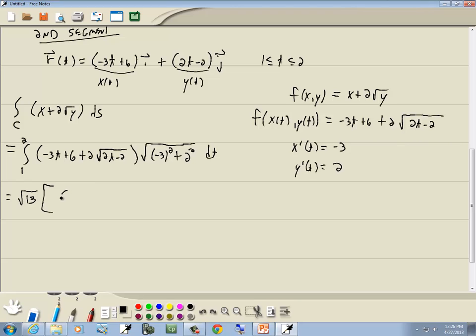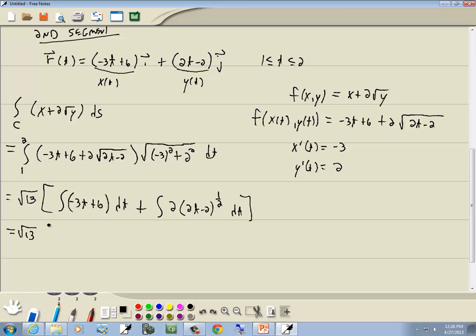Okay, so we got the integral of negative 3t plus 6 dt plus the integral of 2 times the square root. Now, square root is the 1/2 power, so I'll rewrite it that way, dt.